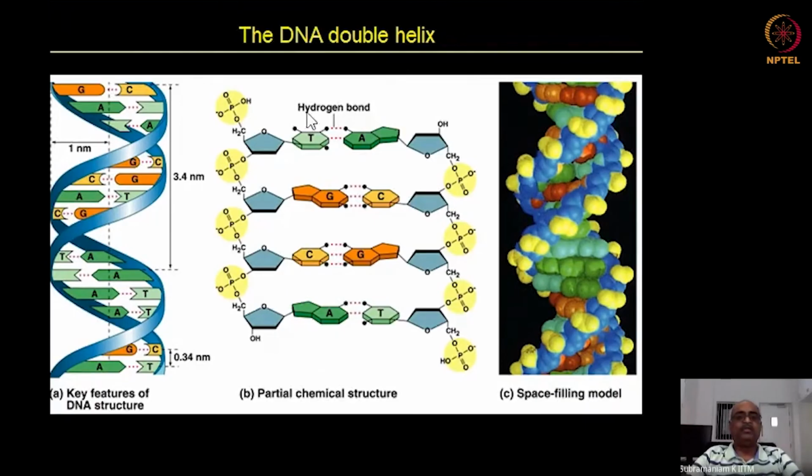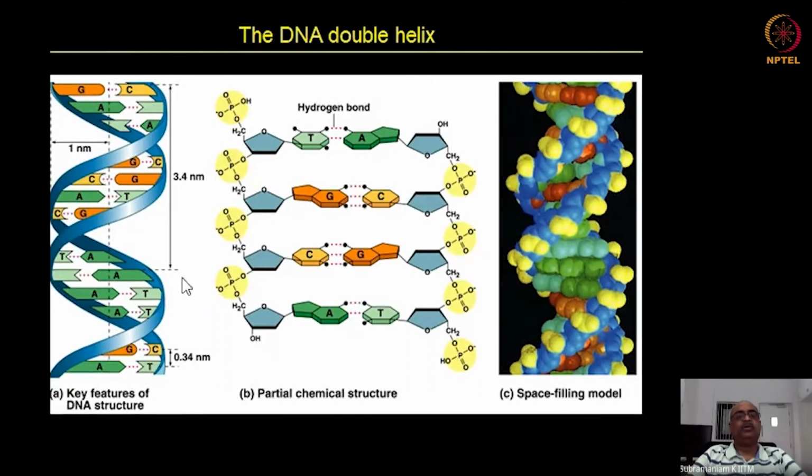Okay, so this is what makes them double-stranded. And in this stacking arrangement, they don't remain like a long ribbon. Instead, they form a helical shape shown here.